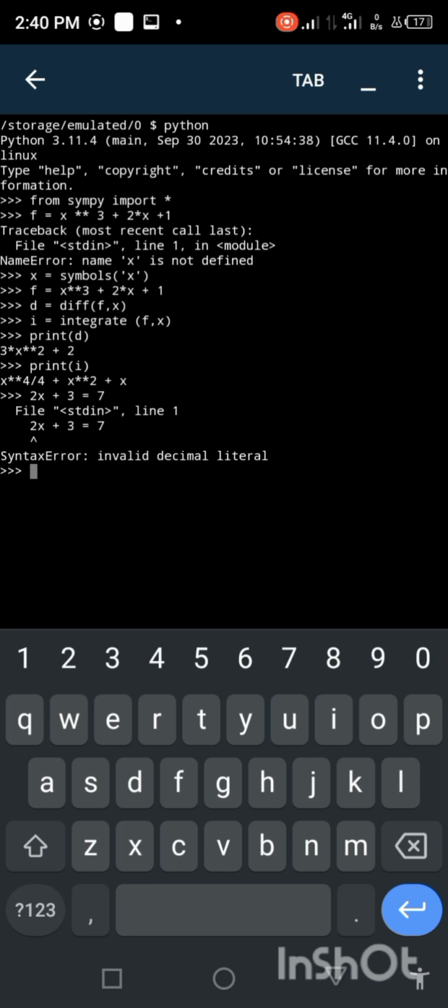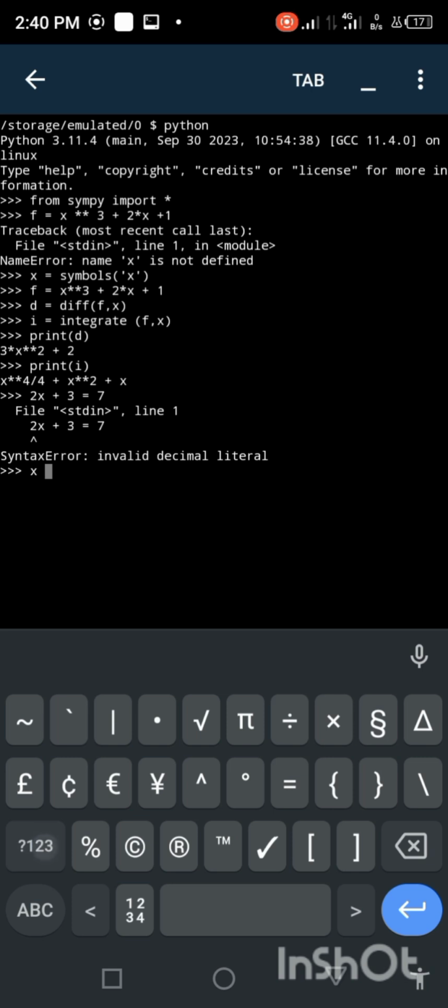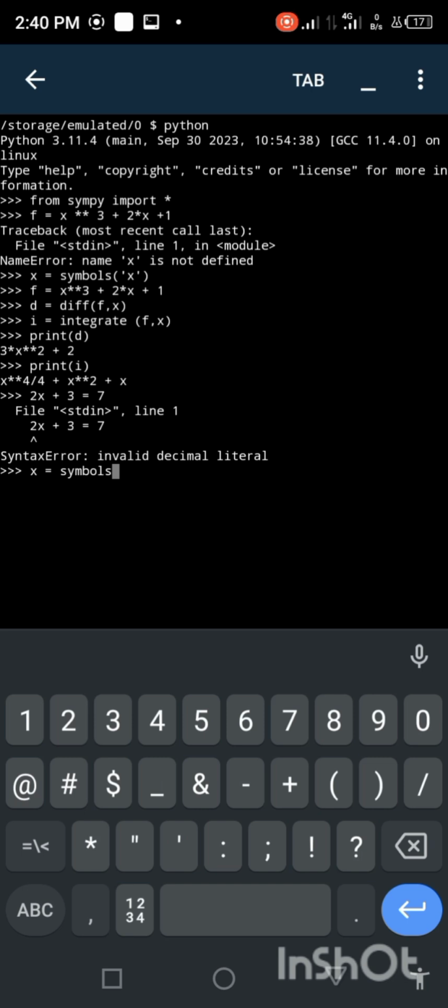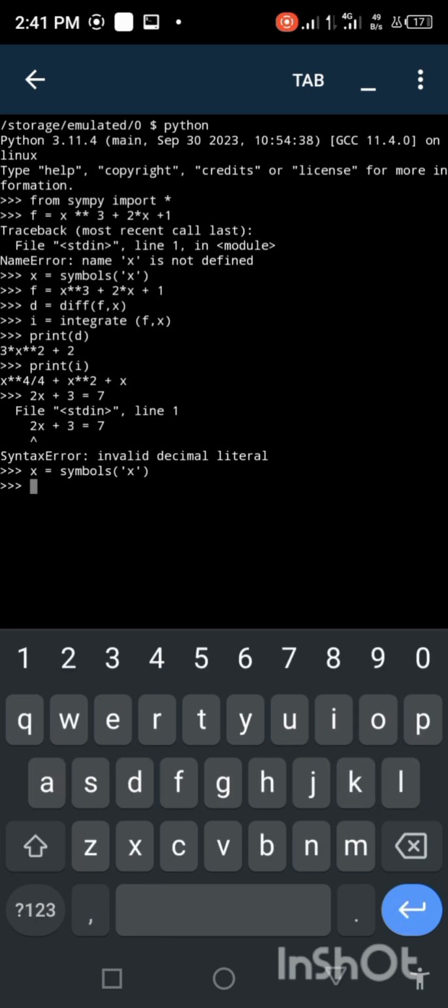So now, solving that here, we say x equals symbols. You are naming it. You have to close, okay. Then defining the function.